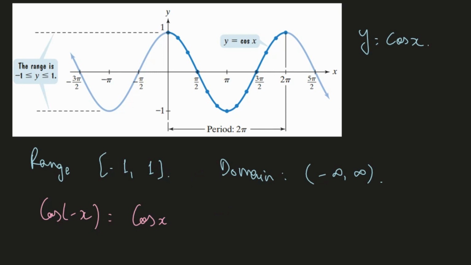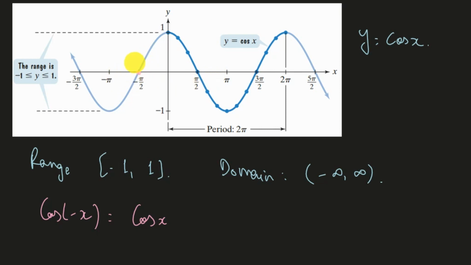Now here if you look at this graph carefully, we observe that the graph y equals cosine x is the graph of sine x with a phase shift of pi by 2. Here you can see the phase is shifted by pi by 2.